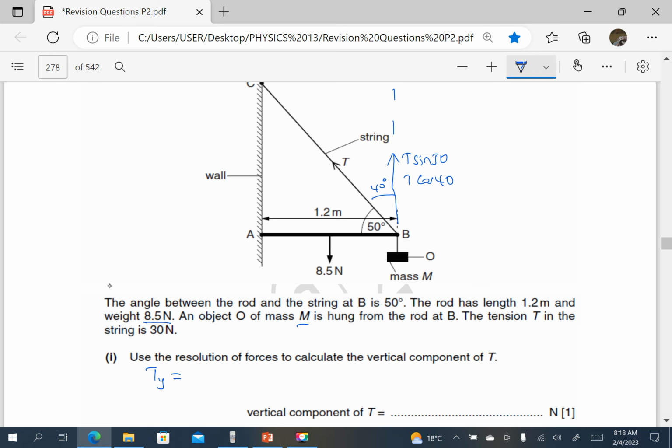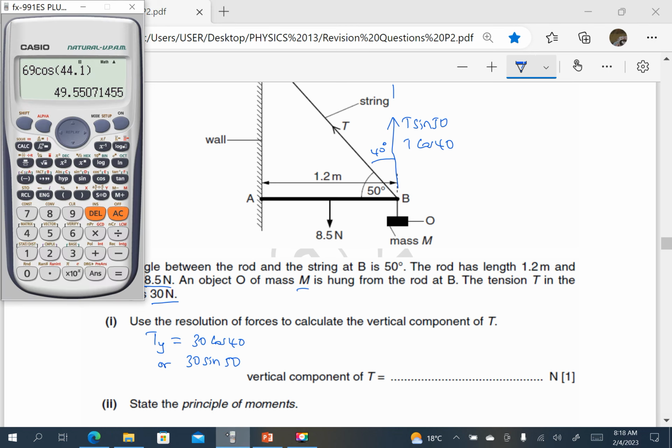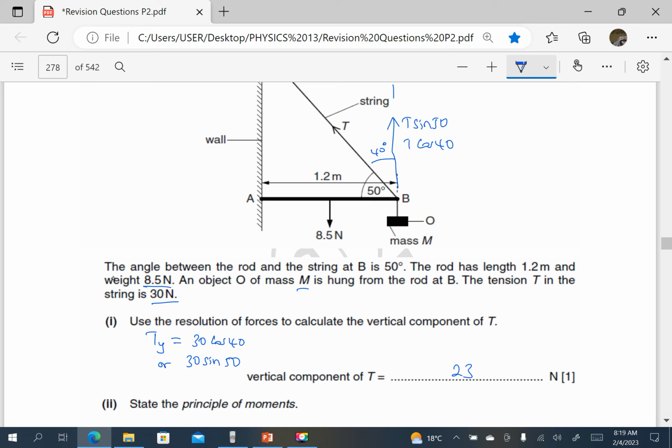The tension T in the string is 30, so this will be 30 cos 40, or 30 sine 50, any of those. So we check this, 30 cos 40, that is 22.9, which is approximately 23 newtons.